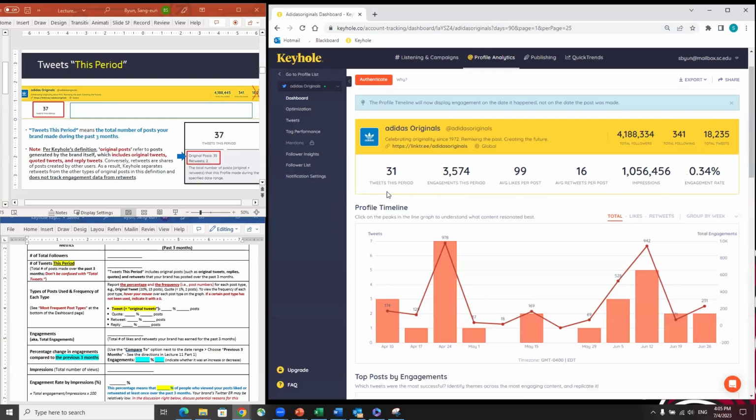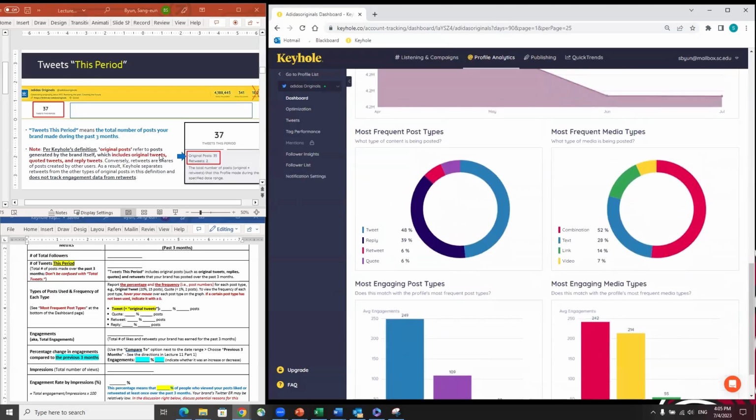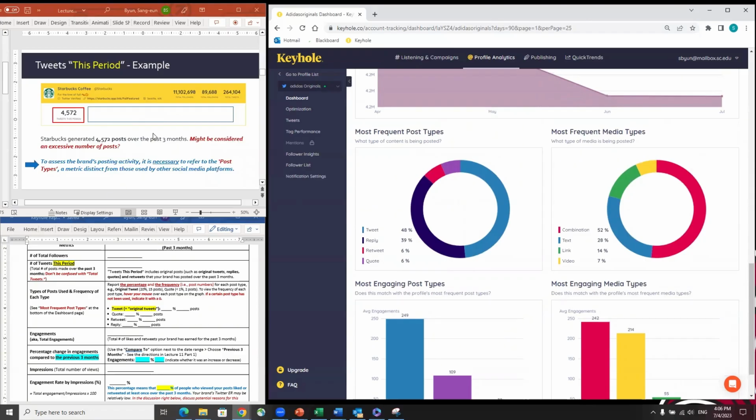To make a decision, you have to look at the metric called most frequent post types that is located at the bottom of the page here. For example, Starbucks actually uses Twitter mainly for customer service interaction. You will see they posted over 4,000 posts for the same time period, and you may think this number is too excessive and it may bother their customer.